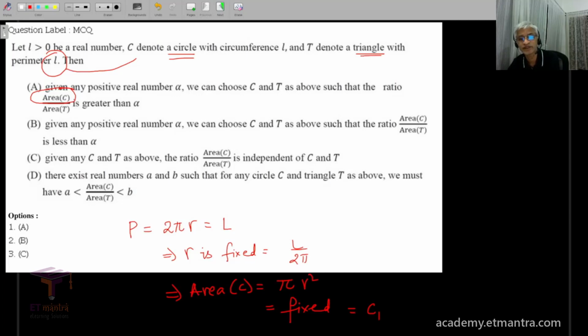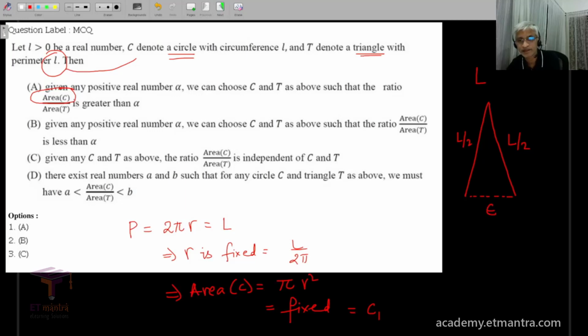If you fix the perimeter of the triangle at, let's say, L, and we take an isosceles triangle, maybe slightly less than L by 2, so L by 2 or nearly L by 2, and bring them very close to each other, so this can be epsilon.